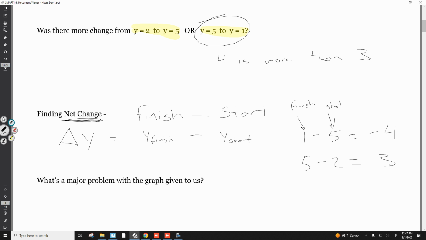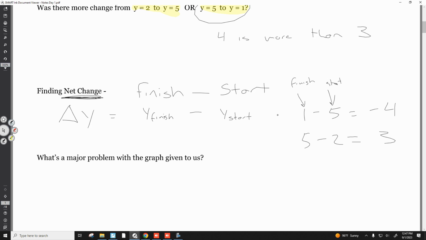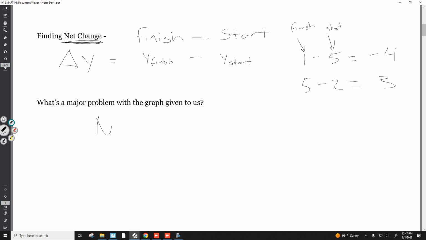Okay? Cool. What is the major problem with the graph that's given to us? Tell your neighbors. There's no context. There's no x value.